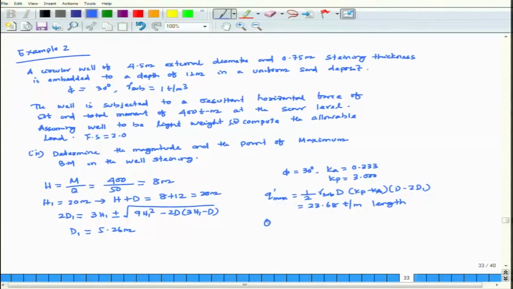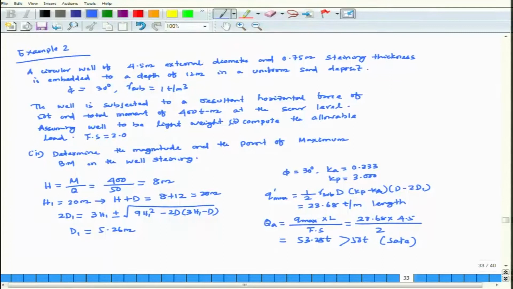Then Q allowable is equal to Q maximum into L divided by your factor of safety, which is equal to 23.68 into 4.5 divided by 2, which is equal to 53.28 ton. So, 53.28 ton is allowable, but actually force is coming 50 ton. So, that means it is safe.